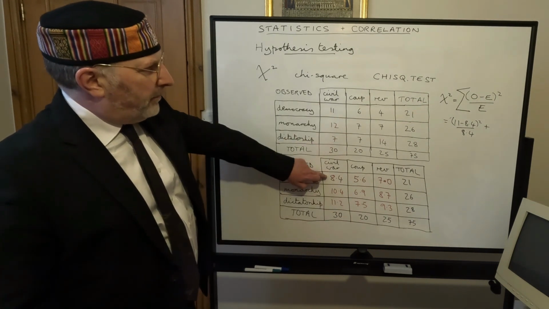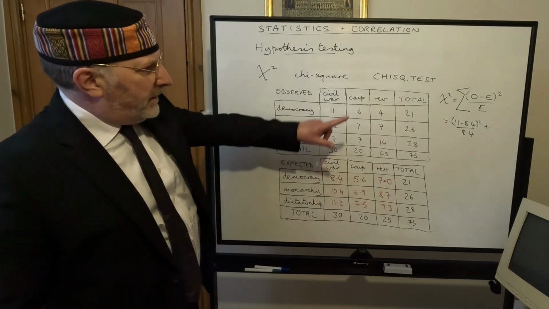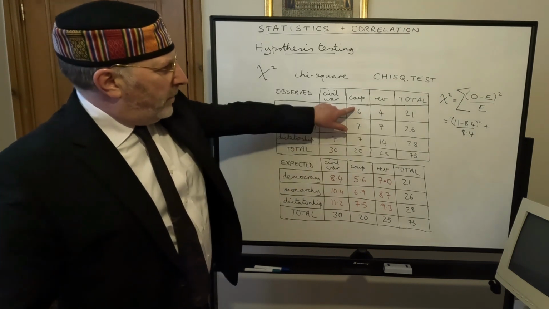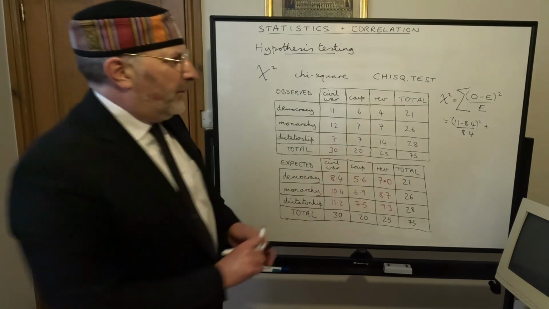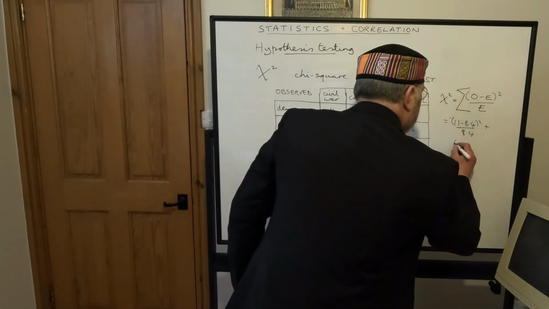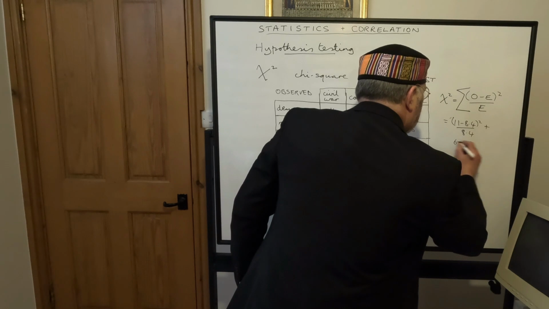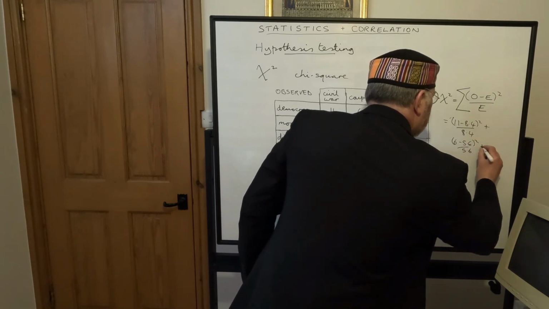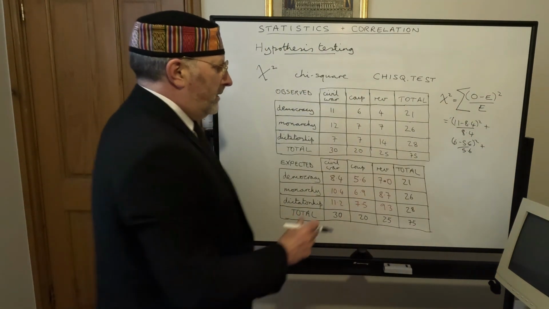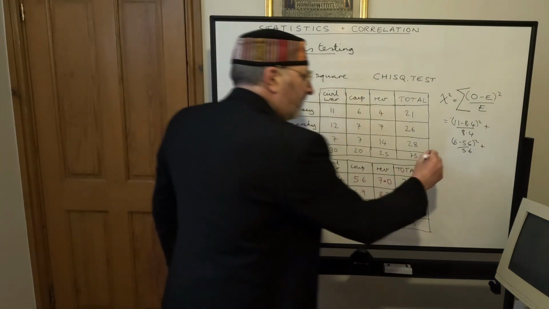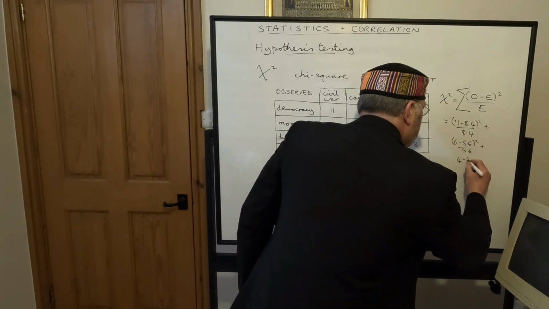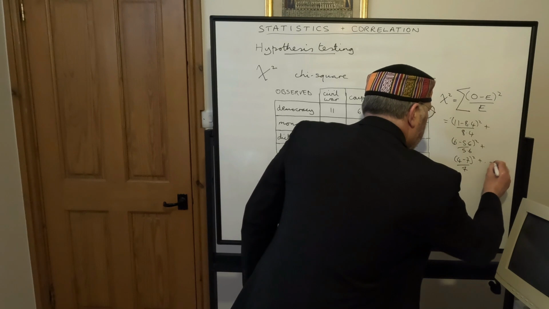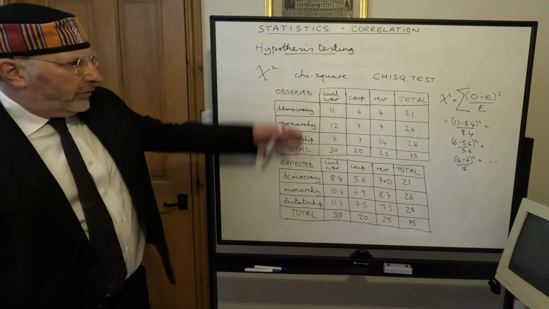And then for this one, it's going to be 6 minus 5.6, squared, divided by 5.6. And then 4 minus 7, and so on.